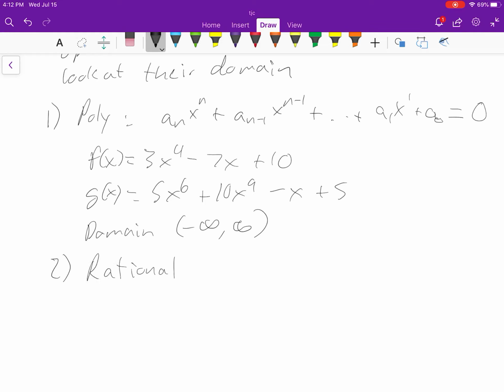The second we're going to be talking about is a rational function. A rational function is a function composed of two polys, where P and Q are polys.